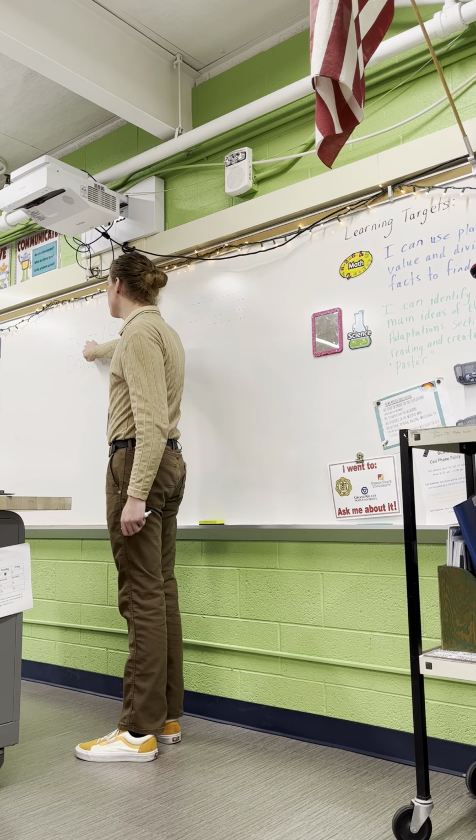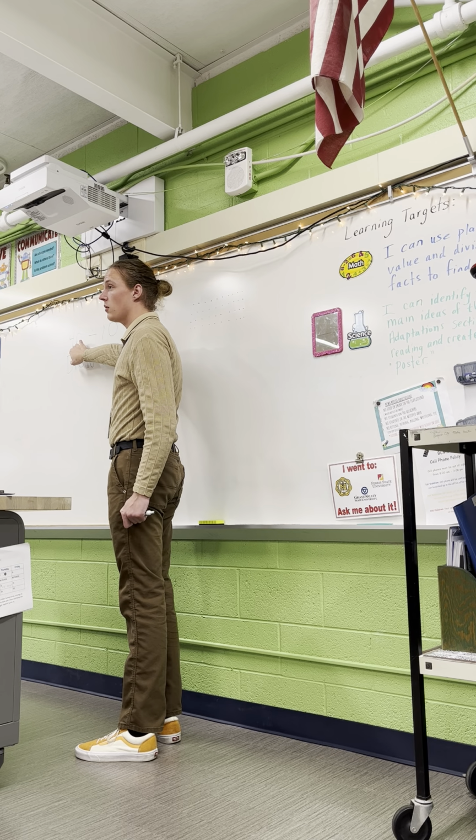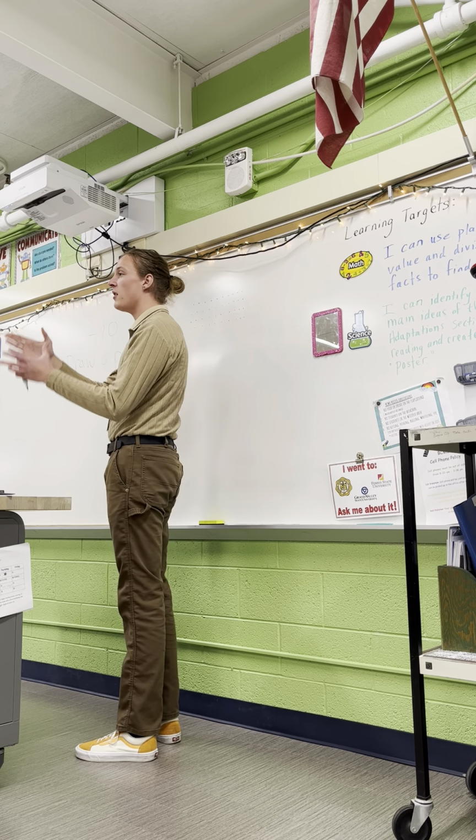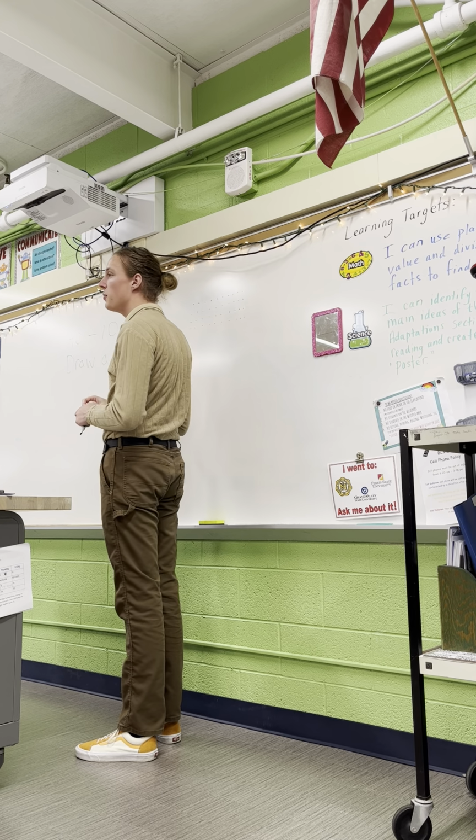Okay, so division is saying one big number, 40, taking it and splitting it into 10 equal pieces. So like if we had 40 pieces of pizza and 10 people eating the pizza, everyone had equal pieces, they'd get 4.